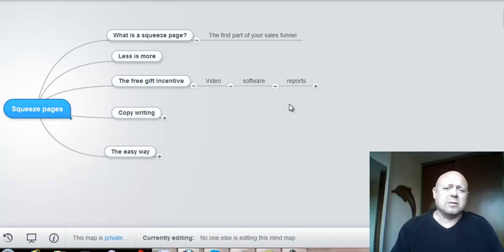I look back at some of my earlier squeeze pages and I think, well, they could have been better. You'll always do that, but I'm pretty happy with most of the products I've given away. These days I create my own things, but like anyone else, I used to use a lot of PLR originally and perhaps rewrite it so it became more my own.